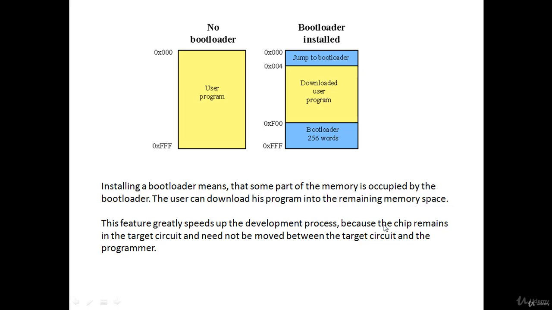Installing a bootloader means some part of the ROM will be occupied by the bootloader code. Hence, the user has to download his program to the remaining memory space. Use of a bootloader greatly speeds up the development process since we don't need to remove the microcontroller from the circuit.